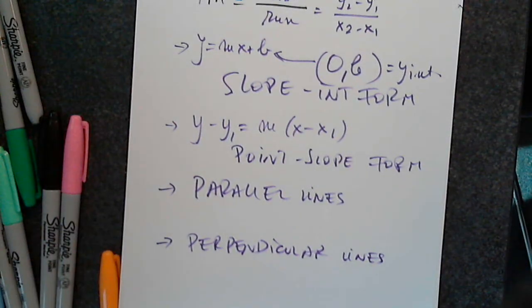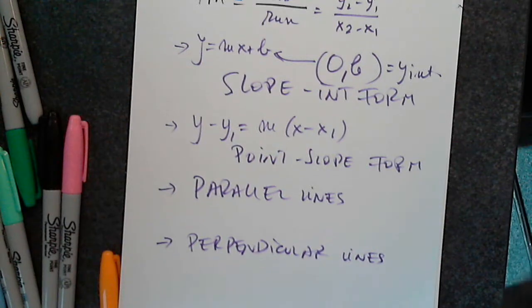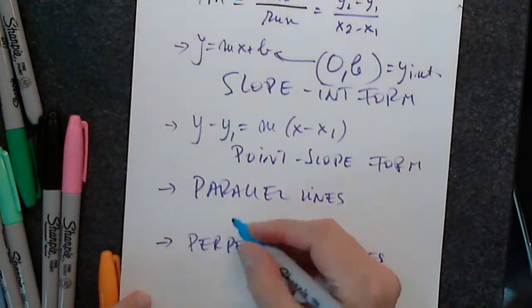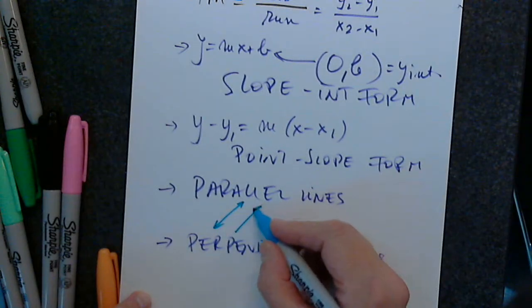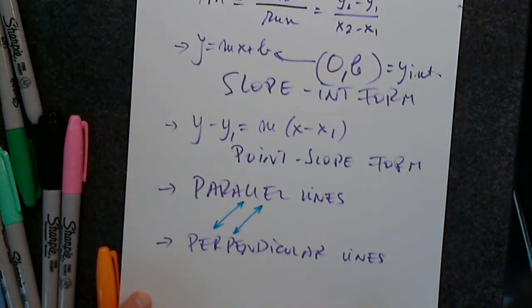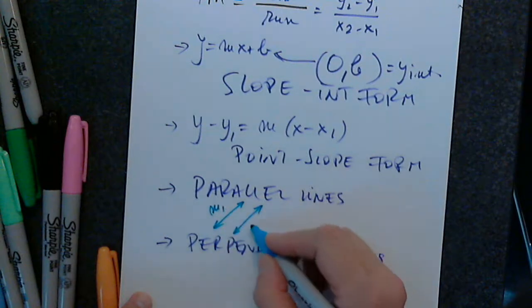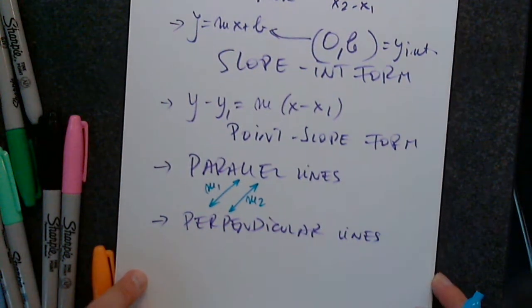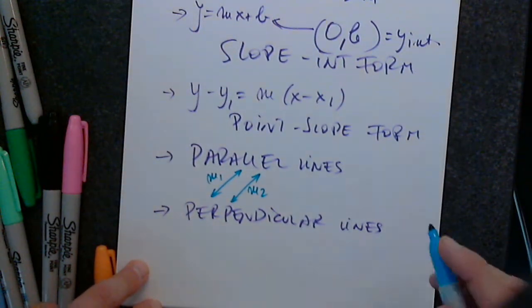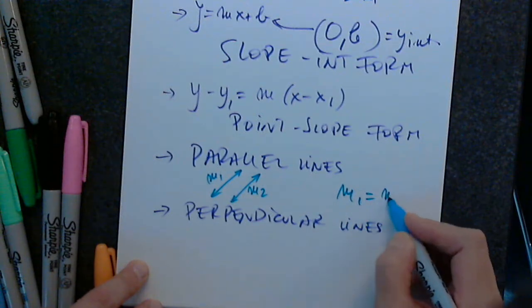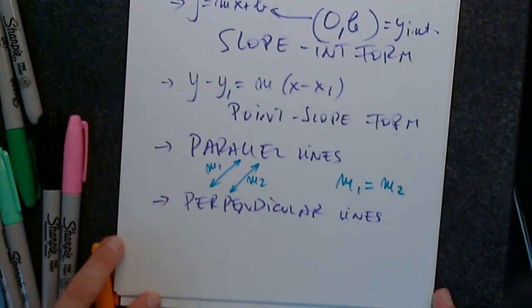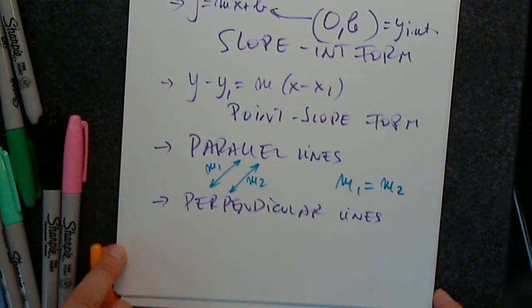Anyone remembers what is the relationship between the slopes of two lines that are parallel? This is one line, this is the other, they are parallel. What is the relationship between the slope m1 and the slope m2? They have to be the same, very good. Otherwise, they will not be parallel if they don't have the same steepness.